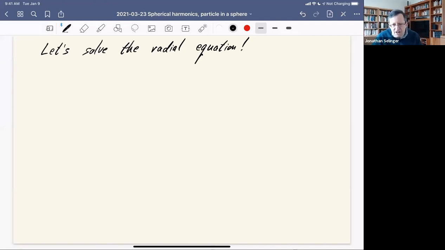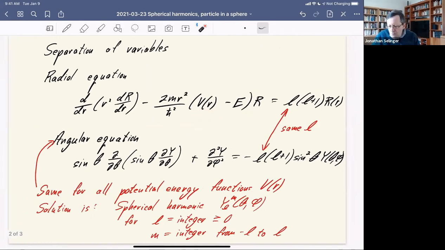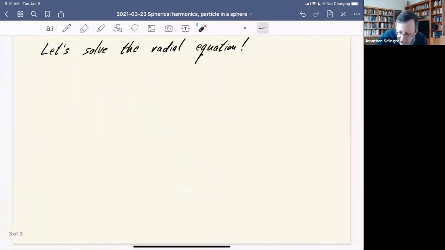Well, the radial equation, as you can see, depends on the potential energy. There's a potential energy in there. And so in order to solve the radial equation, we have to pick a potential energy.